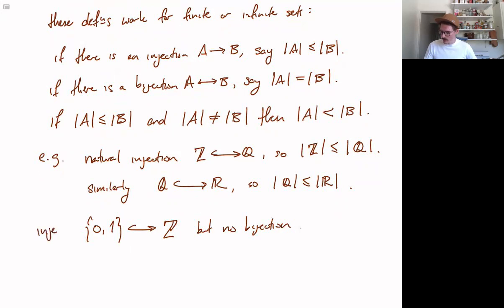Maybe that's obvious, but if you wanted to be precise about it, you could say 0 maps to some integer, 1 also maps to some integer. Take an integer that is bigger than both of those. You know such a thing exists. That is not in the image, so it's not a bijection. So we conclude that the cardinality of {0, 1} is strictly less than the cardinality of the integers, as you would expect.